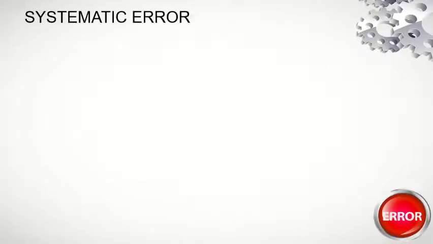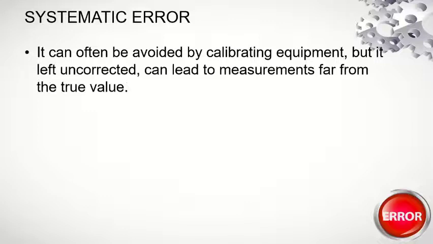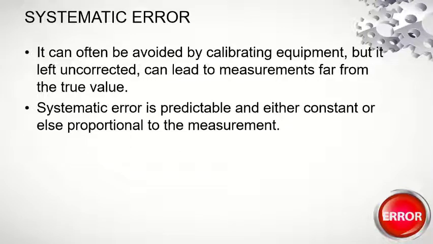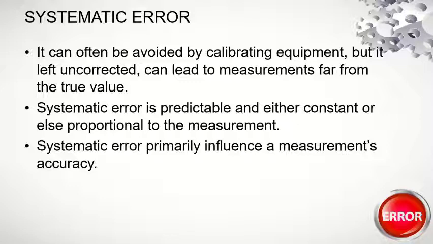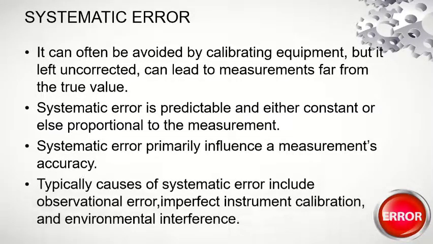Next, systematic error. It can often be avoided by calibrating equipment, but if left uncorrected it can lead to measurements far from the true value. Systematic error is predictable and either constant or else proportional to the measurement. Systematic error primarily influences a measurement's accuracy.